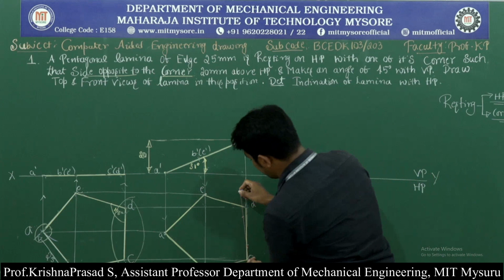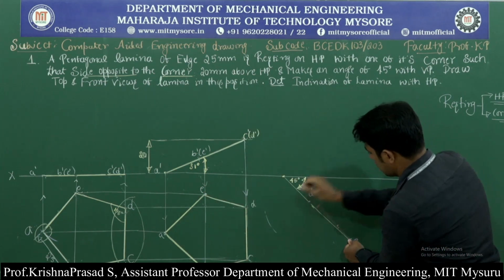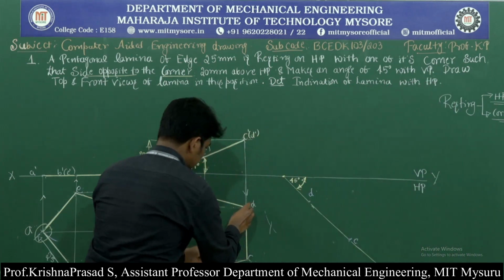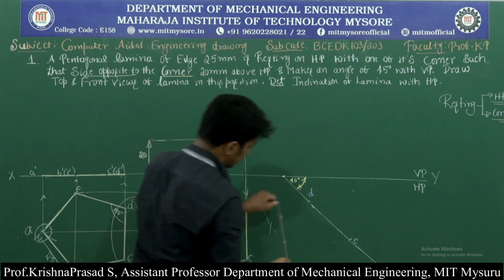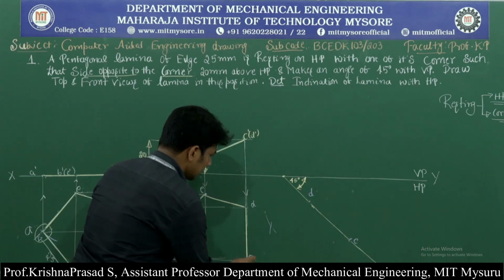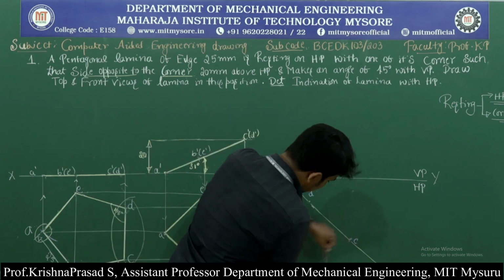Similarly, measure the distance of E from C, cut the arc here. Similarly measure the distance of B from D, cut the arc here, and measure the distance of B from C, cut the arc here.